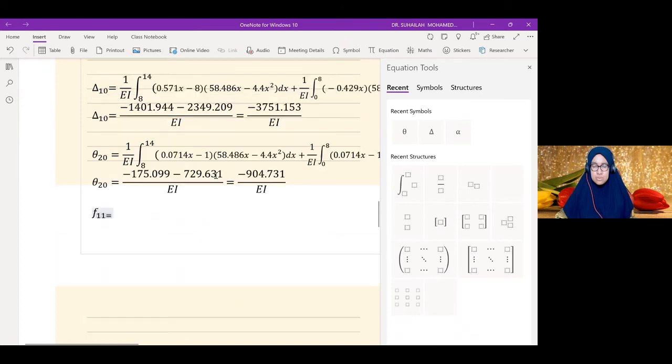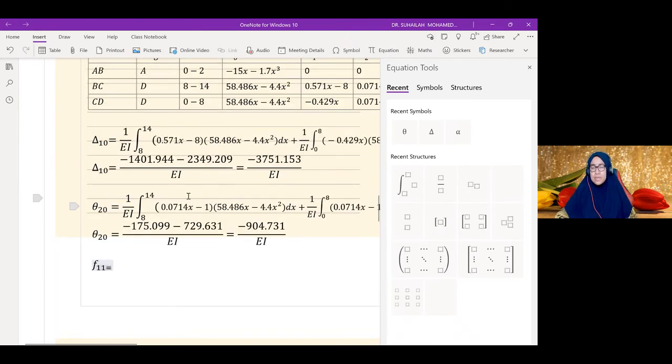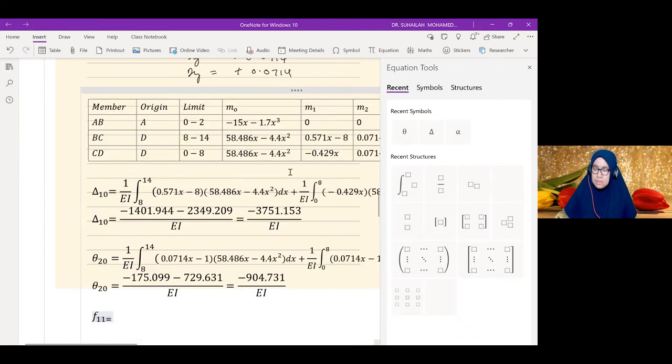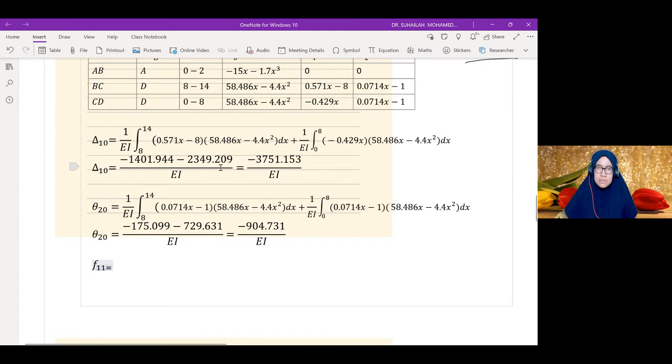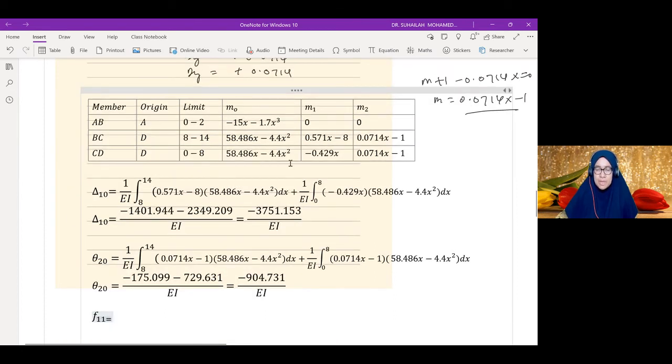Actually, you don't need to rewrite the equation again. You just need to give the answer only. Don't waste time rewriting the equation that you have already written in the table. I just write like this because I want to show you the process that we do whenever we analyze the displacement. So the moment equation we get from the table and we integrate to get the displacement.